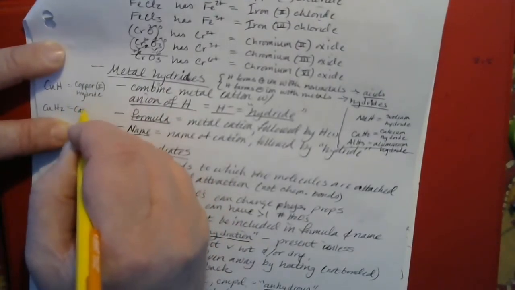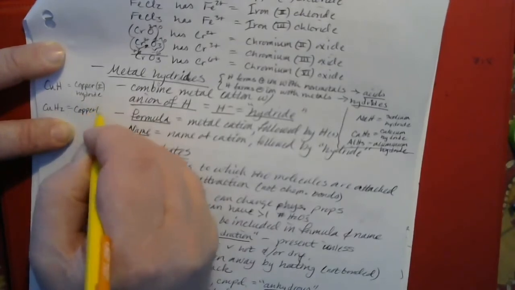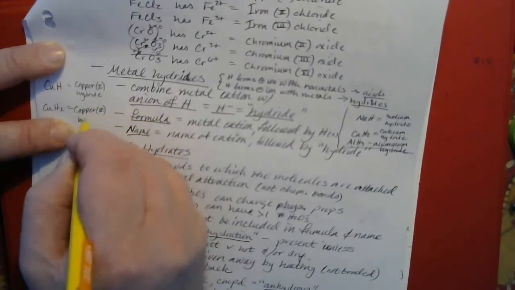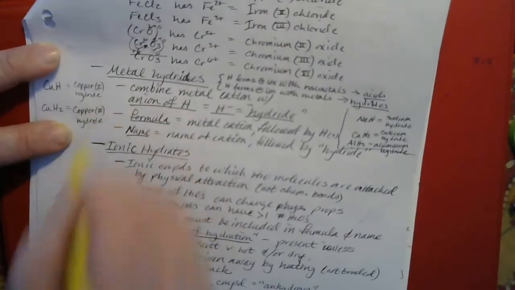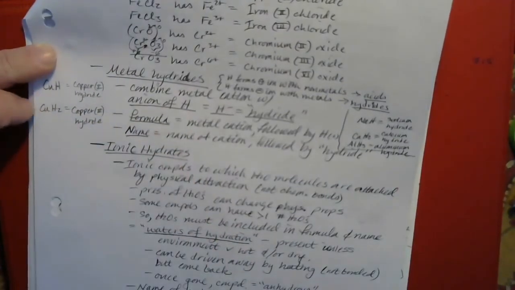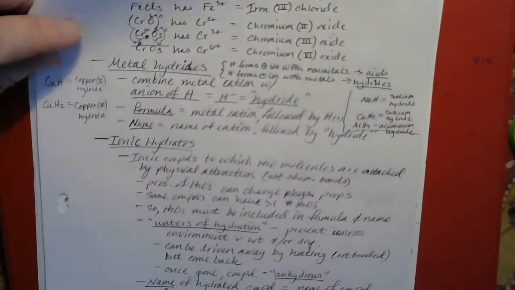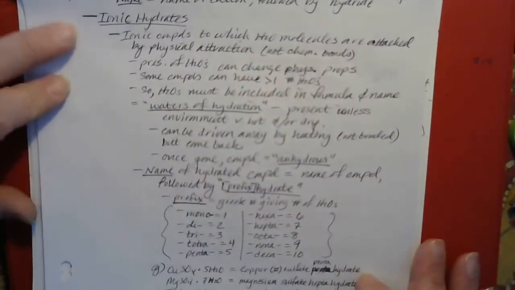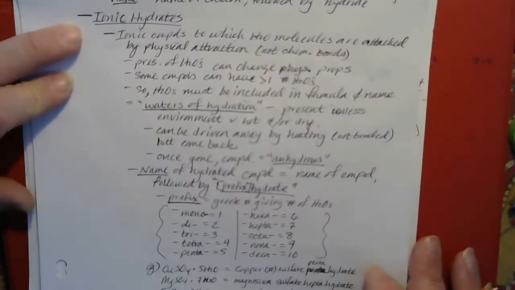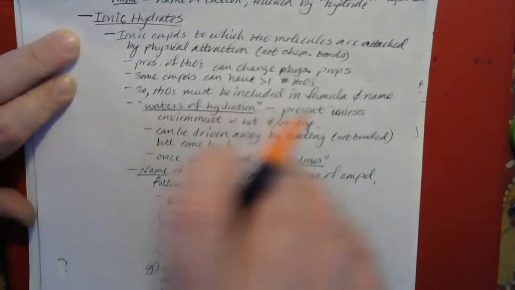CuH2 would be copper 2 hydride. And so on. They're not terribly commonly encountered in general chemistry, so I'm not going to spend a lot of time on it. And next, though, ionic hydrates.